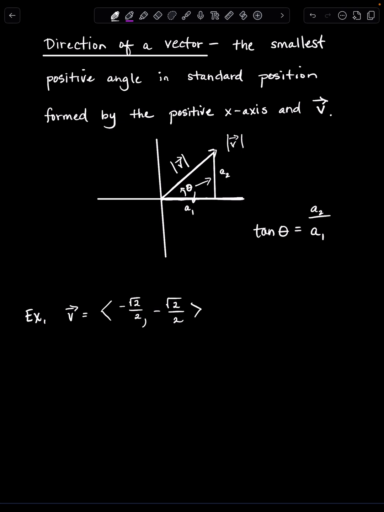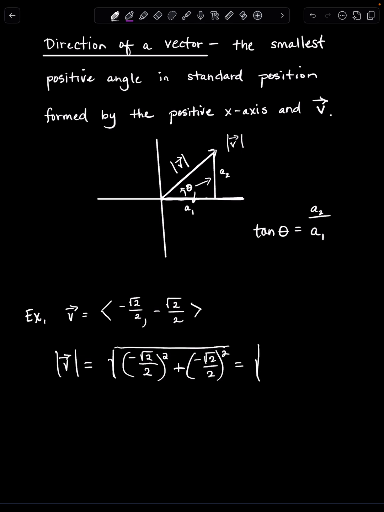So let's find the magnitude of this thing first. We know that is the square root of negative square root 2 over 2 squared plus negative square root 2 over 2 squared. So we've got 2 over 4, 2 over 4, or 1/2 plus 1/2.